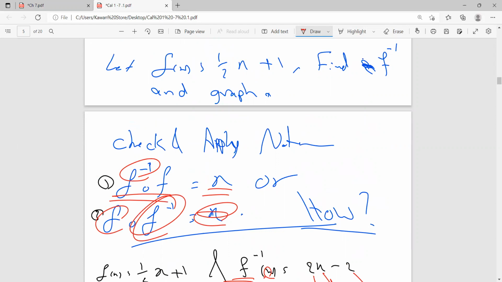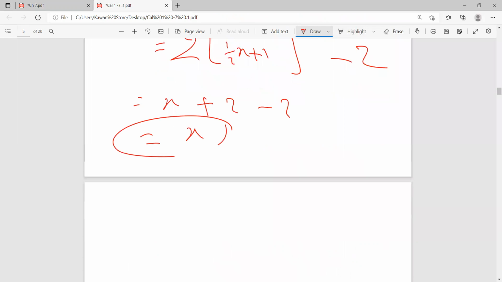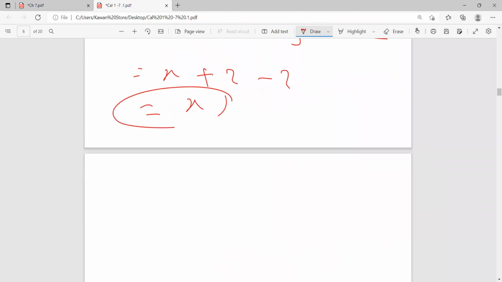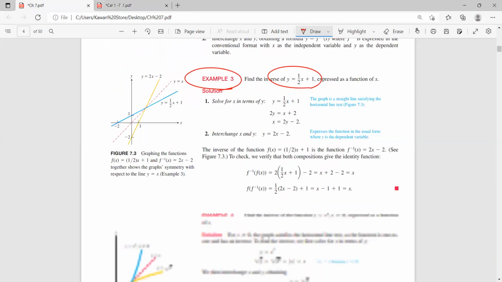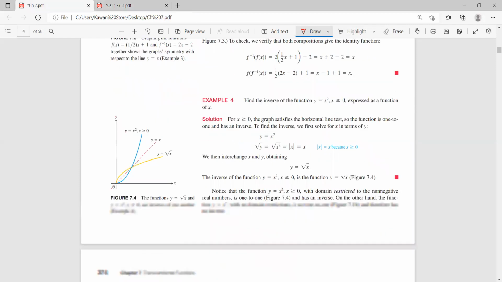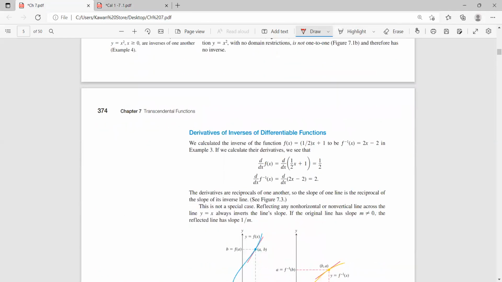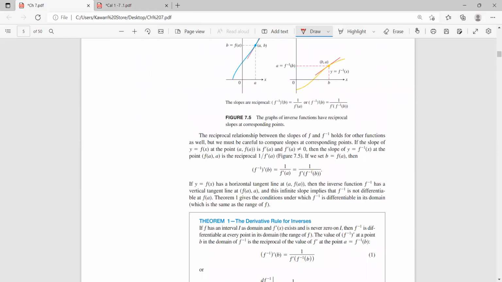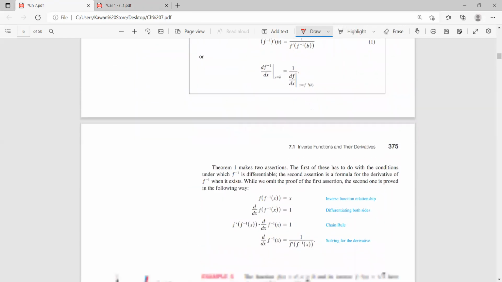Dears? Good. So now again, I'm going to my examples. This one is for the check, this one for the rule. Which example? Okay.